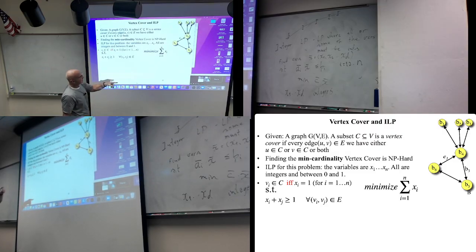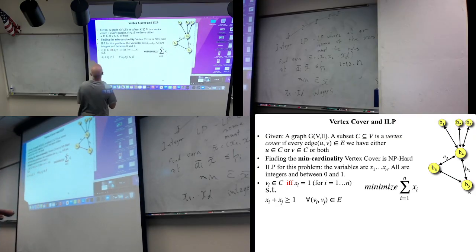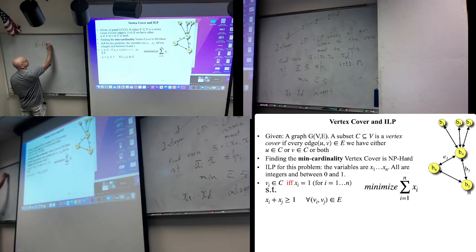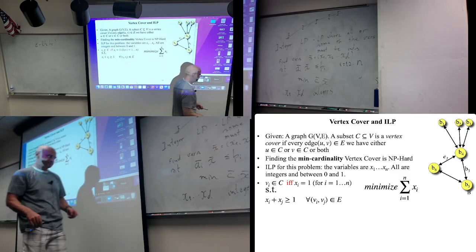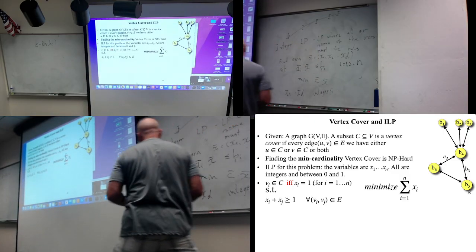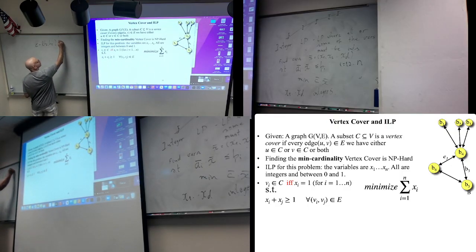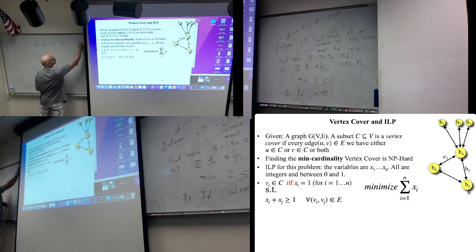So E in this case would include the edge (6, 5). (6, 5) will be one of my edges. (6, 4) will be another one, and so on.